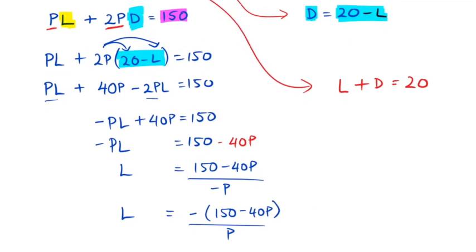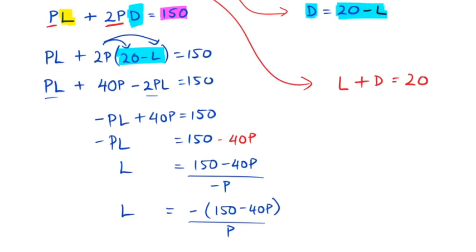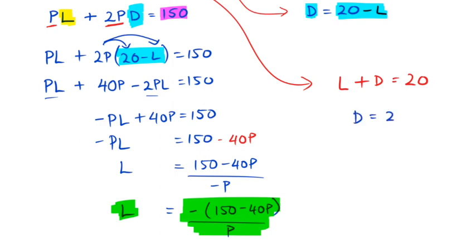Now we've discovered what L is equal to in terms of P, which is this entire expression here. We also said that D is equal to 20 minus L, which is just rearranging it.